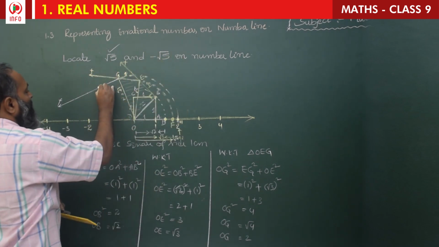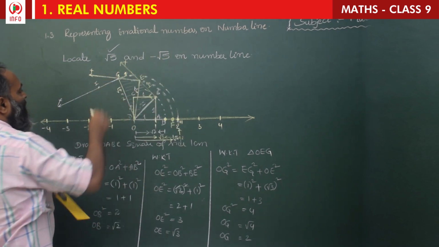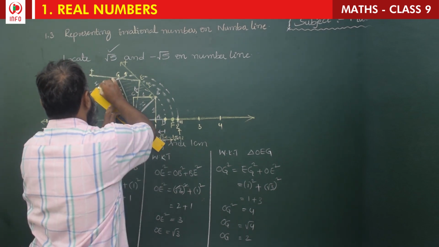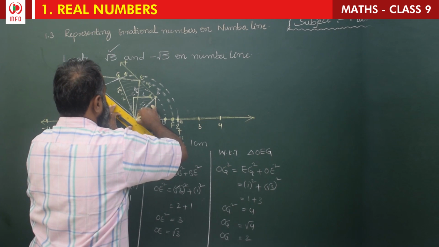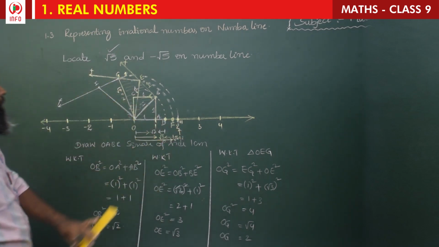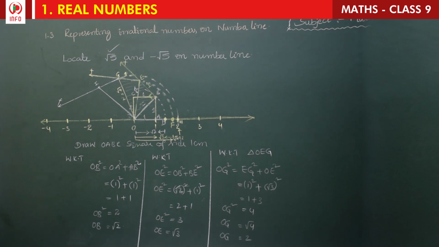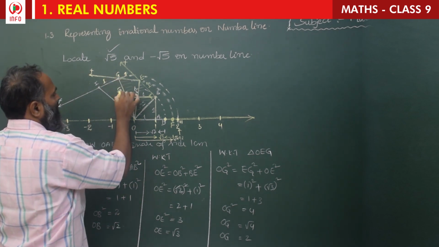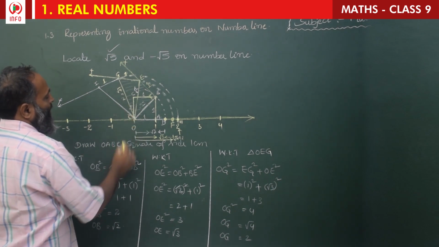This is I. Now you join OI. So this is 1 unit, and this is root 4.